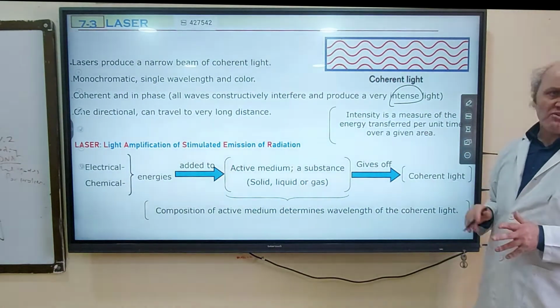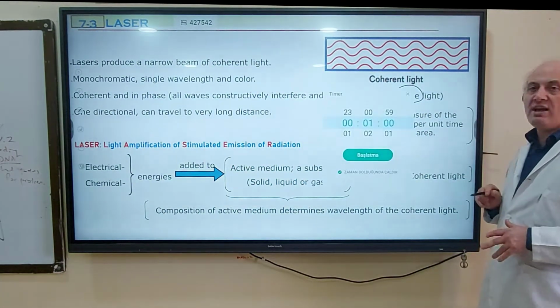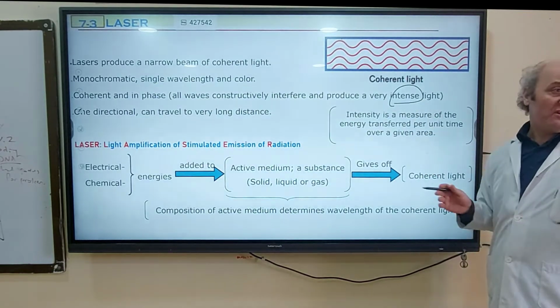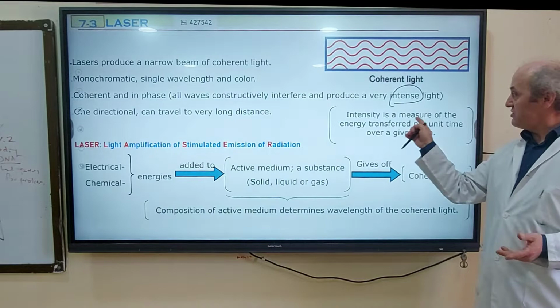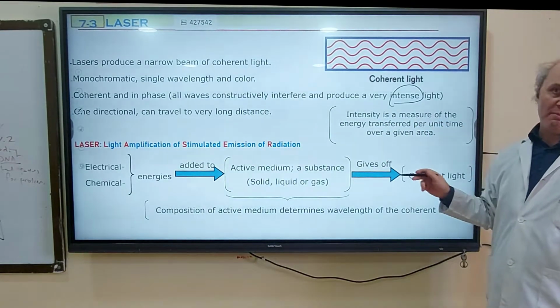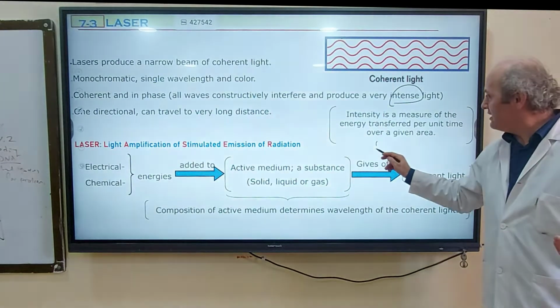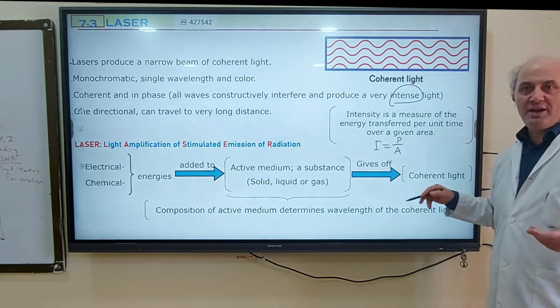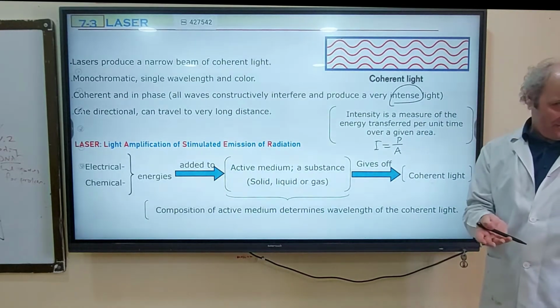The definition of the intensity here and the definition of the intensity in chapter 4 are not different, in fact. Intensity is a measure of the energy transfer per unit time over a given area. Maybe you remember the equation from chapter 4: I is equal to power divided by area. Area was the surface area, remember? We did this before.